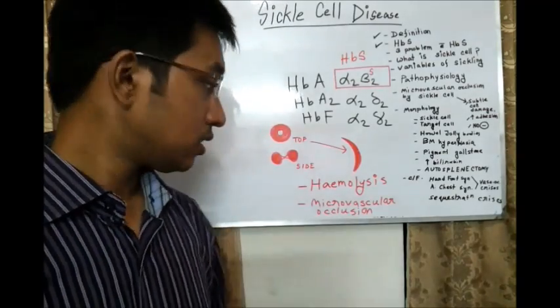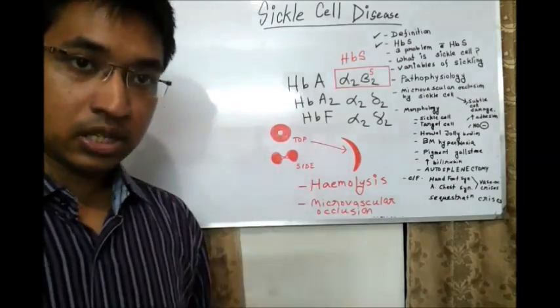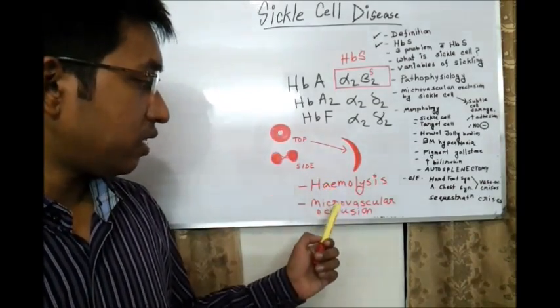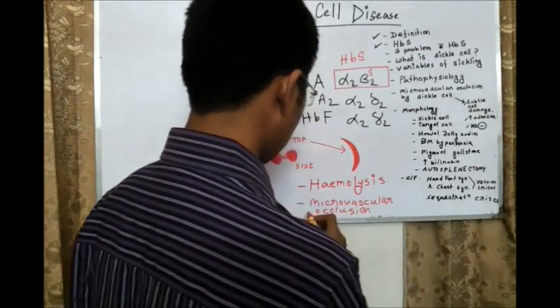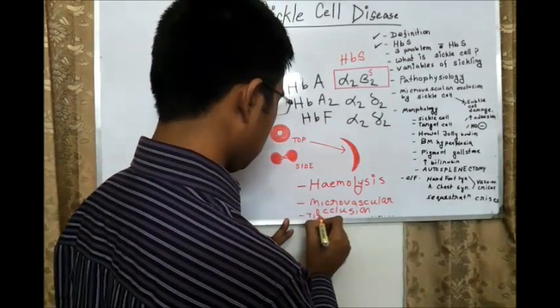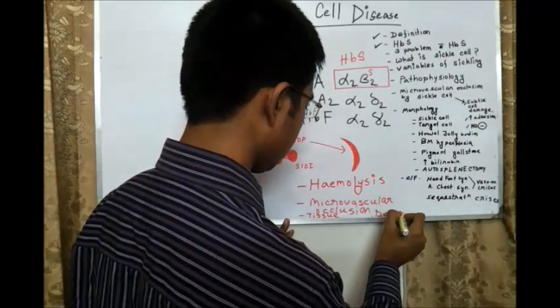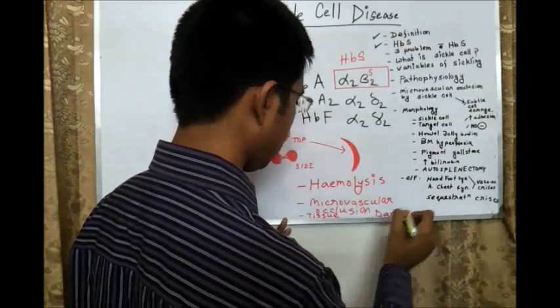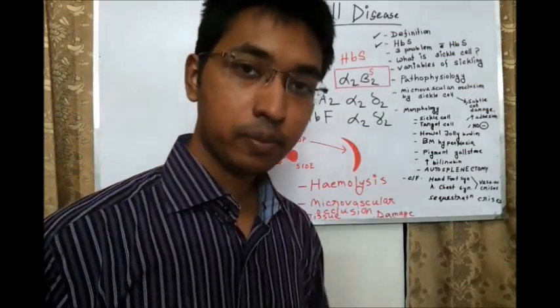All those places it can cause occlusion. And surely you can see if there is hemolysis, there is microvascular occlusion. One thing it will also do is tissue damage. So we will discuss these three topics one by one.